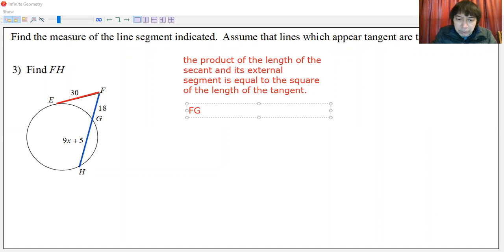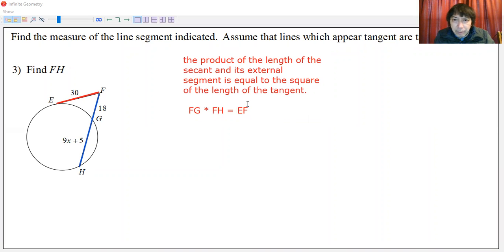Multiply this by the length FH. It says the product of the length of the secant and its external segment. So it's FG times FH, which is equal to EF squared.